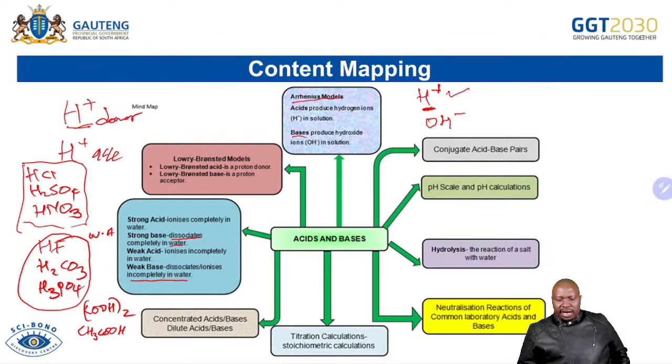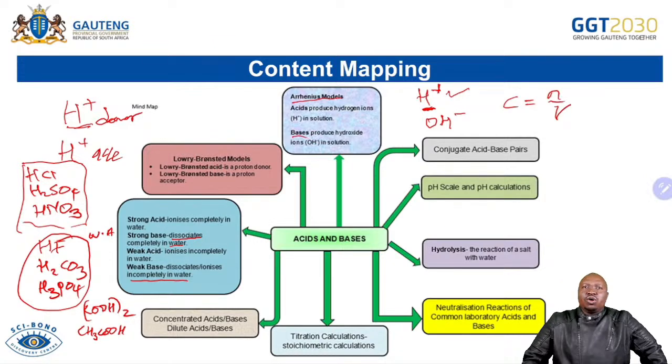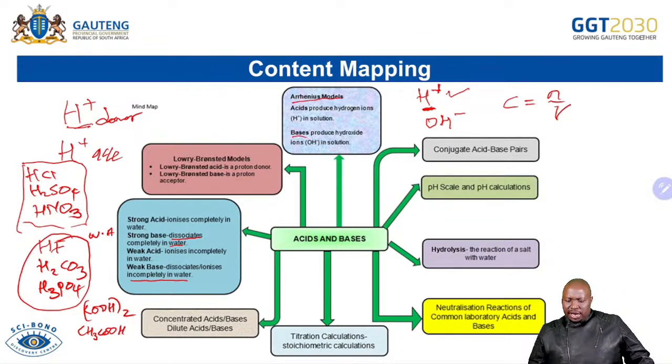By definition, concentration is n over V. So when you are asked to define concentrated, you have to say concentrated means a large number of moles in proportion to the volume of water.